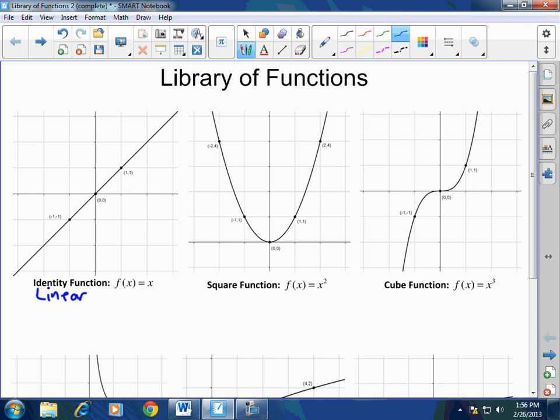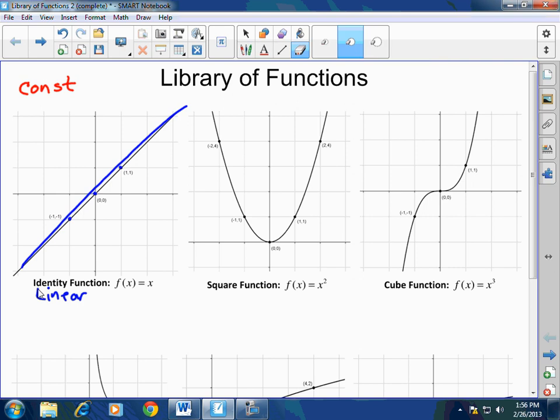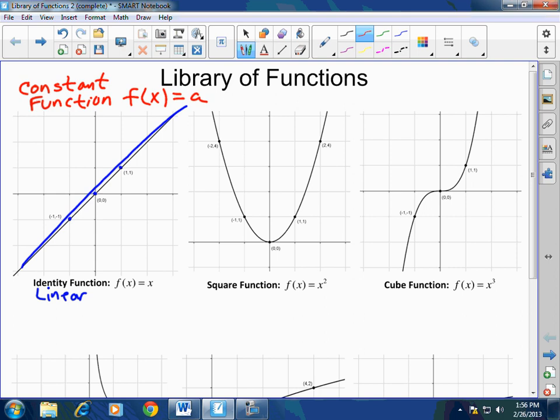If you want to know how we got these points, make an x and y table. You connect the dots and you have a straight line. That's a linear equation. It's also called an identity function. Just so you know, there's also something called a constant function, which is f of x equals a constant.